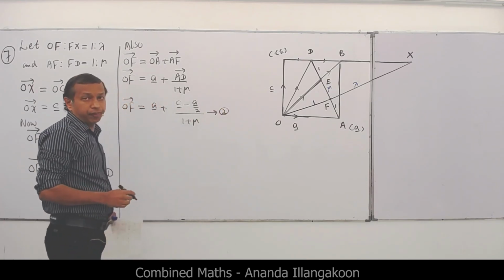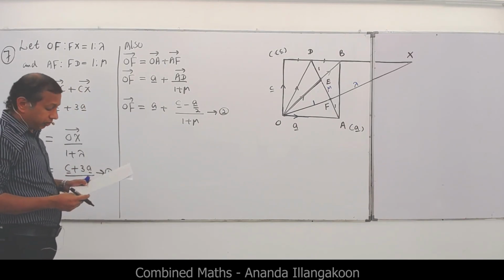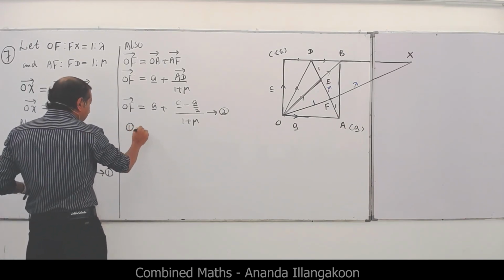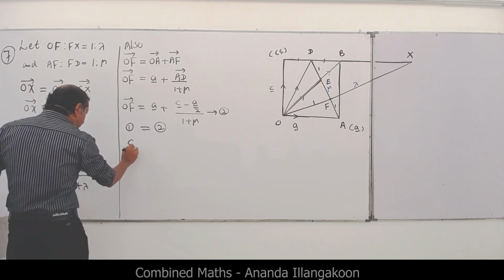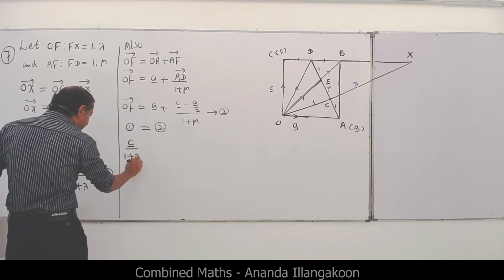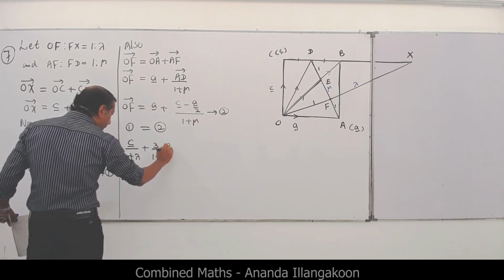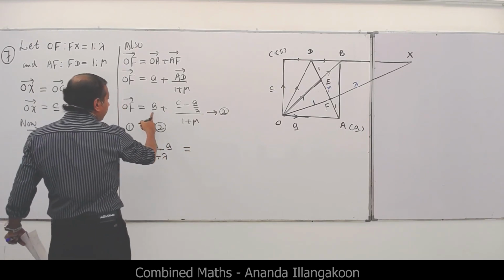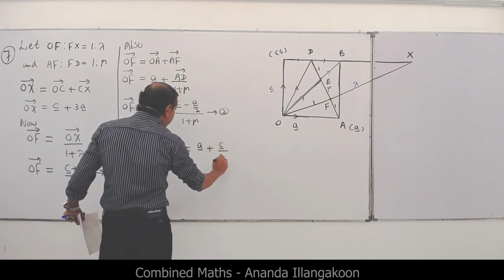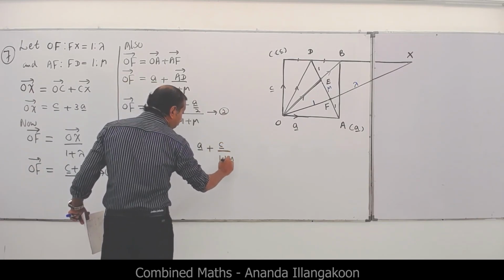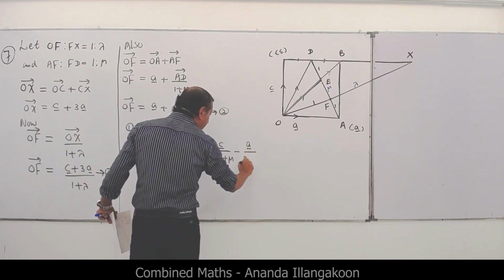Now we need to find that lambda, right? To get the lambda, what we can do is equate 1 and 2. So 1 is equal to 2, right? We can write c vector divided by 1 plus lambda plus 3a divided by 1 plus lambda equals vector a plus vector c minus a by 2 divided by 1 plus mu, right? And this minus a by 2 I write this way, minus a vector divided by 2 times 1 plus mu.